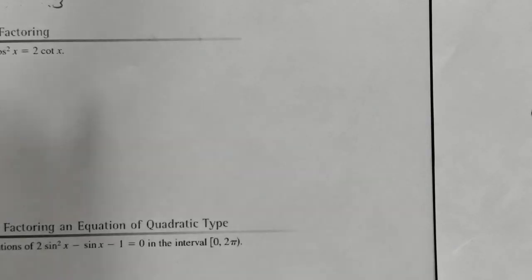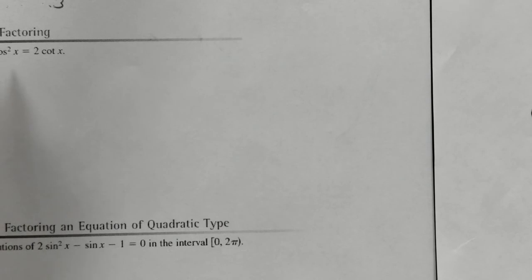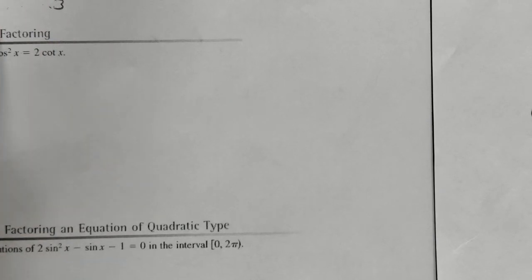Let's move on to the next one. In this one, we're solving the equation cotangent of x times cosine squared of x equals 2 cotangent of x. Once we get down to this one, we need all the trig functions on one side because we're going to have to do some factoring.